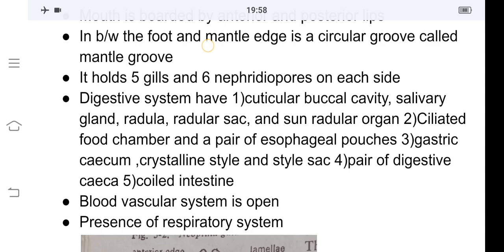Blood vascular system of Neopilina is open type with a median chambered heart, blood vessels, sinuses and lacunae. Heart is posterior dorsal and hexalocular with 2 pairs of auricles and a pair of ventricles.